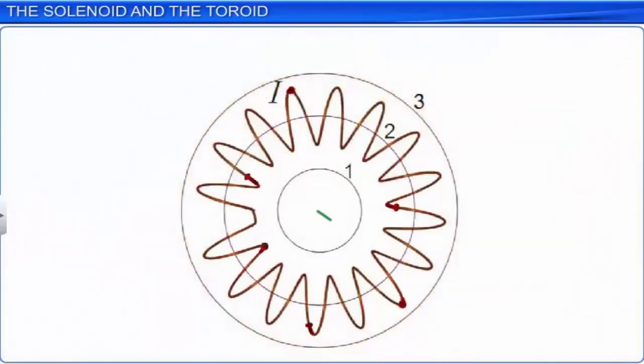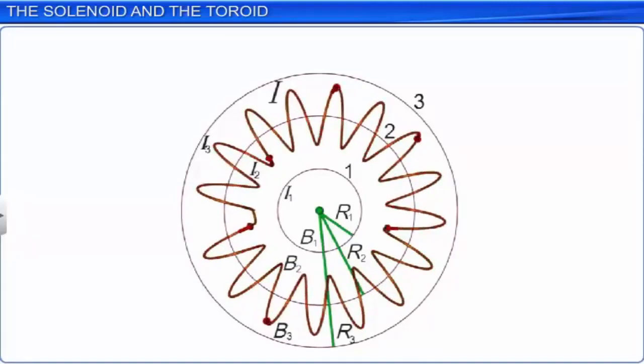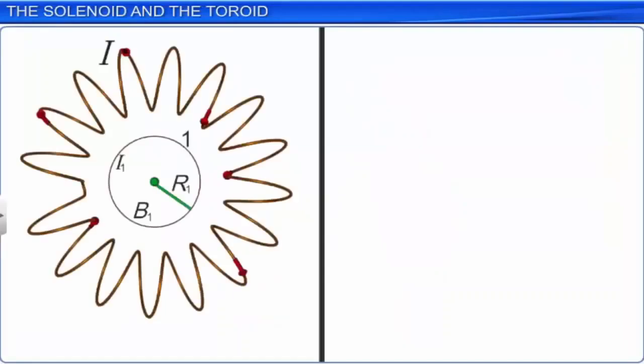Let R1, R2, and R3 be the radii of the 3 Amperian circular loops respectively. Let B1, B2, and B3 be the magnetic inductions due to currents I1, I2, and I3 enclosed by the Amperian loops 1, 2, and 3 respectively. Consider the Amperian loop 1.